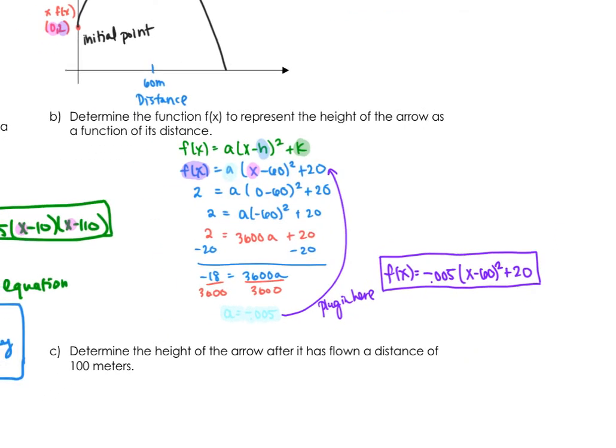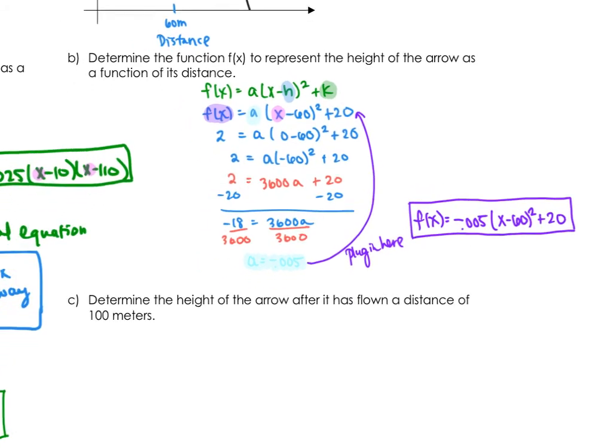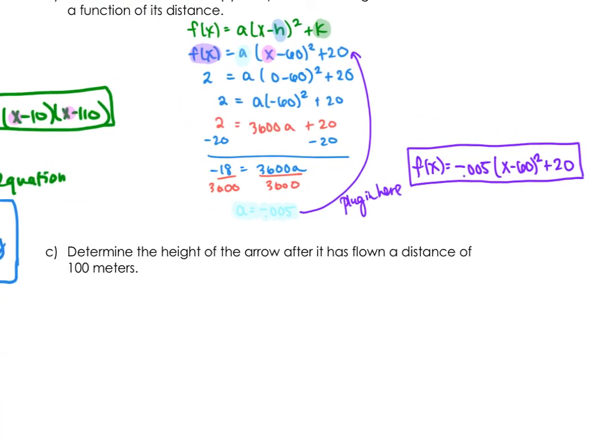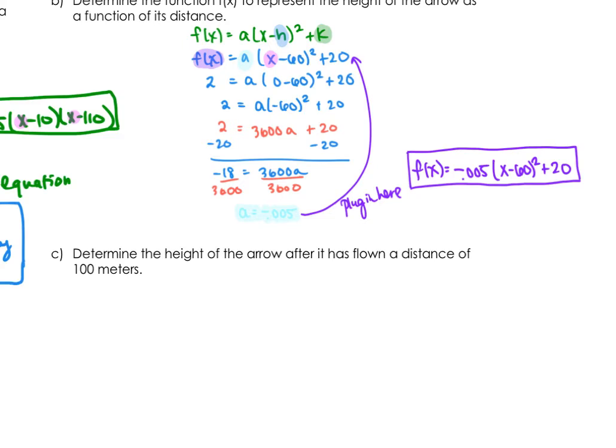Okay. So then it says, determine the height of the arrow after it has flown a distance of 100 meters. All we're going to do here is plug 100 in for x. So we're going to do f of 100, and we're going to plug it into the equation that we found in the previous problem. So it's negative 0.005 times 100 minus 60 squared plus 20.